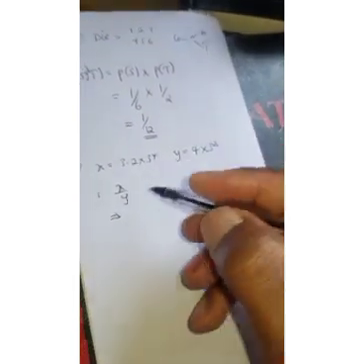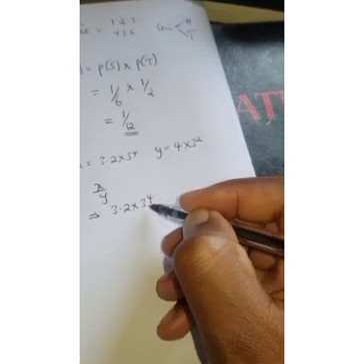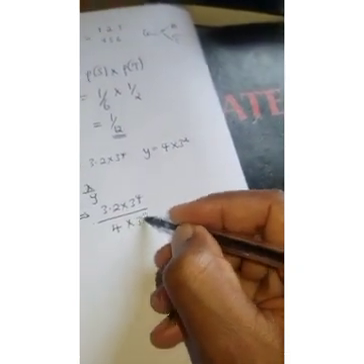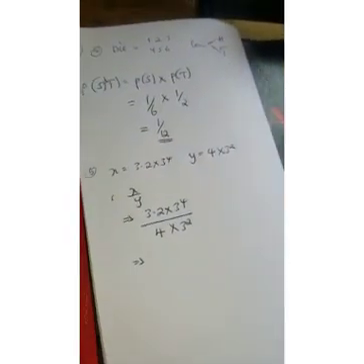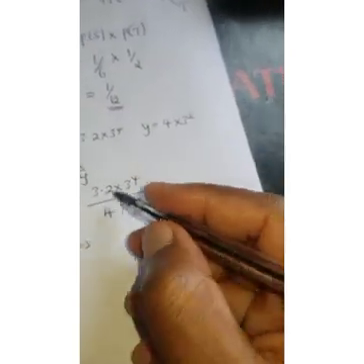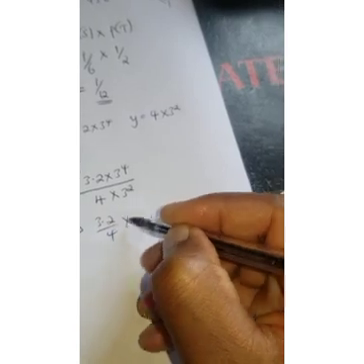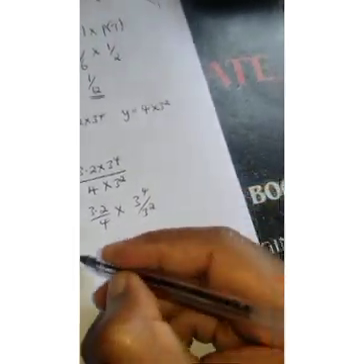So you just replace x, which is given as 3.2 by 3 to the power 4, then over y, which is 4 by 3 to the power 2. We can deal with this side, which is 3.2 over 4, and 3 to the power 4 over 3 to the power 2.